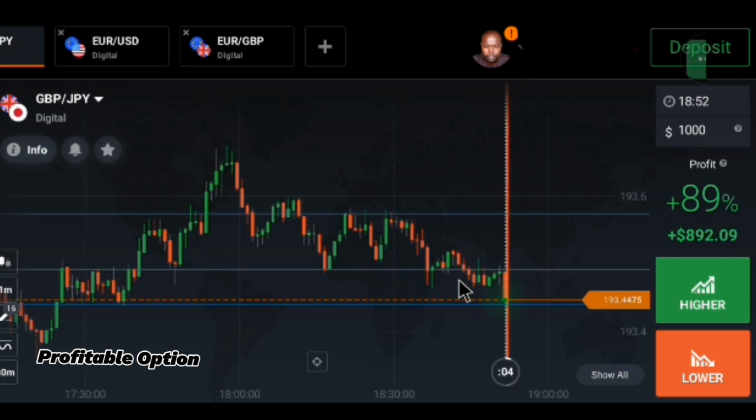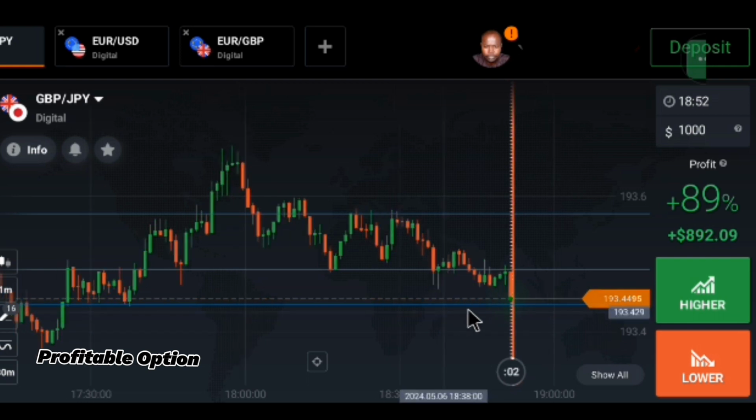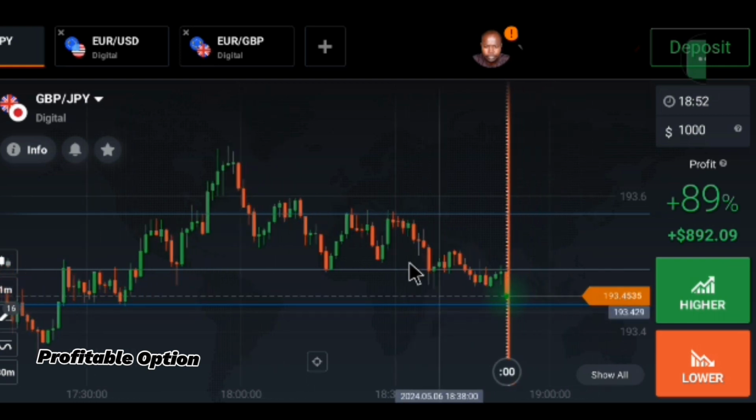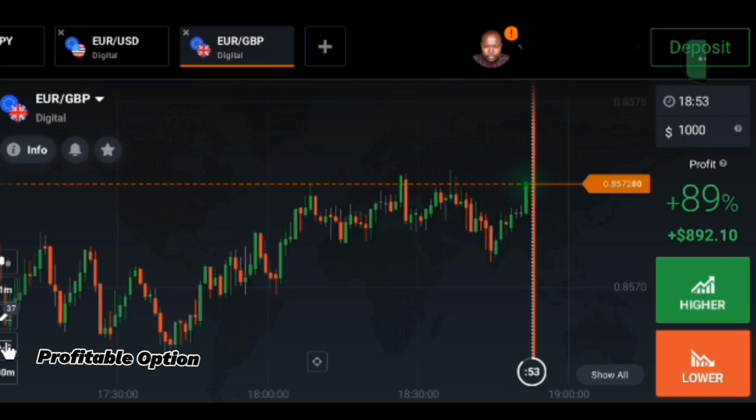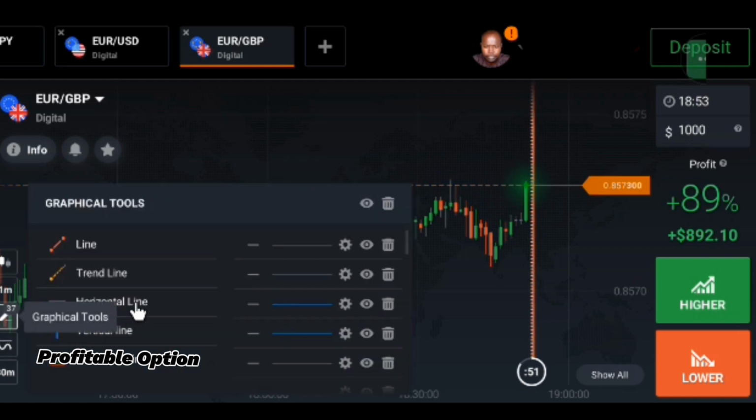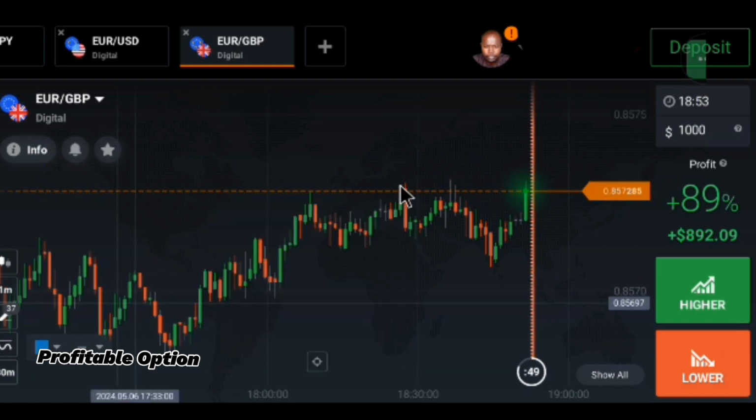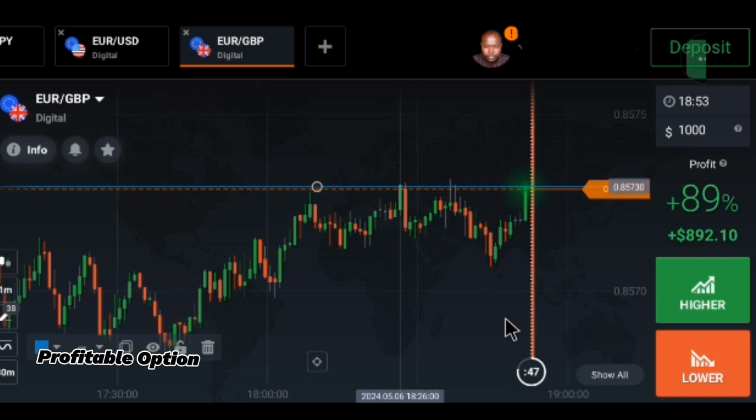Okay, now this one is actually going down, but I have to be very patient, very careful at this point. Okay, now I want to draw my resistance and support line here. All right, now this is a good resistance area. It's likely to reverse at this point, but it is strongly going up.